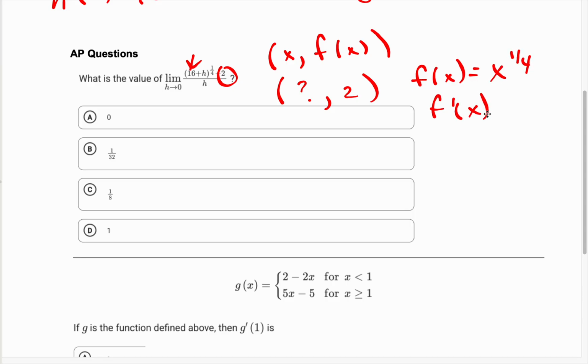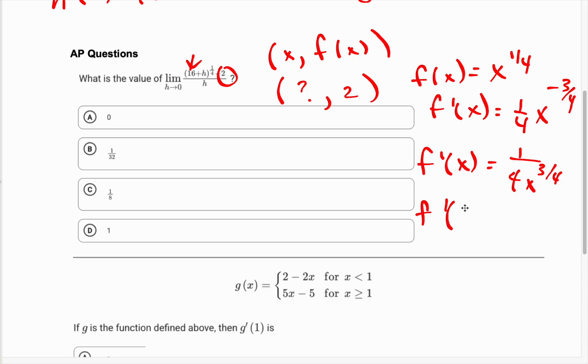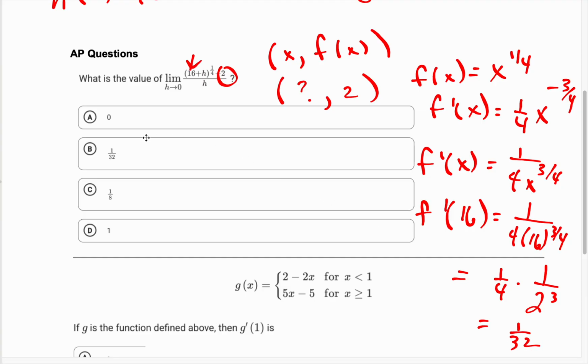If we take a derivative of that, it's going to be 1/4 x to the negative 3/4, and if we're trying to find f prime of 16, the 4th root of 16 is 2, and 2 to the 3rd is 8, so it is 1 over 32.